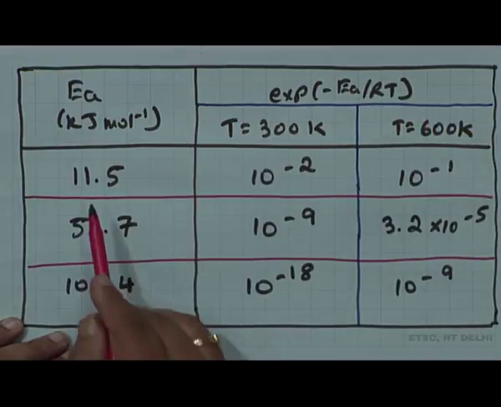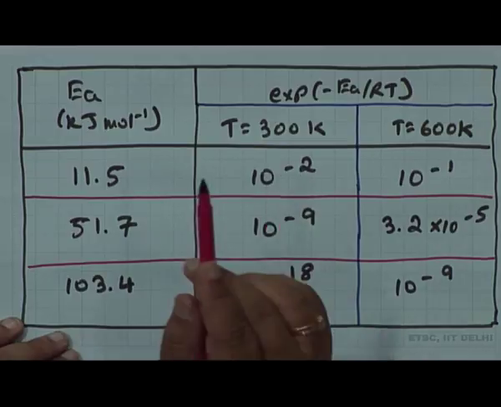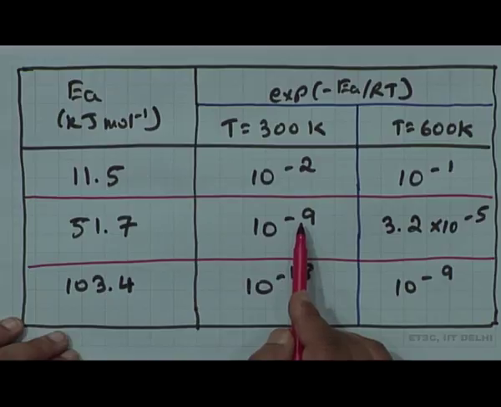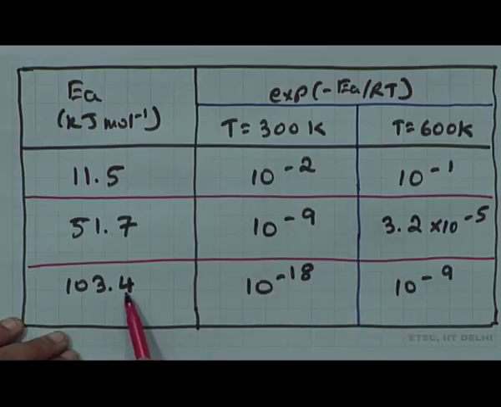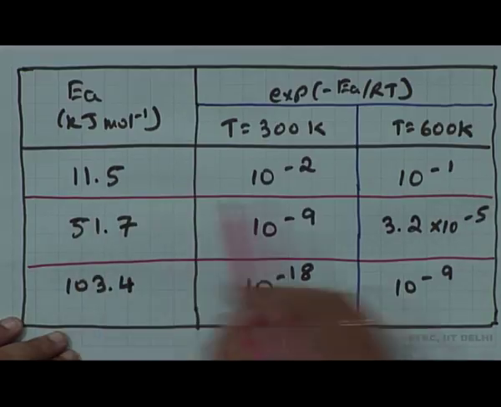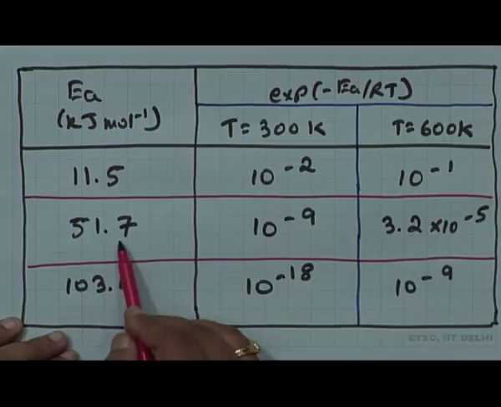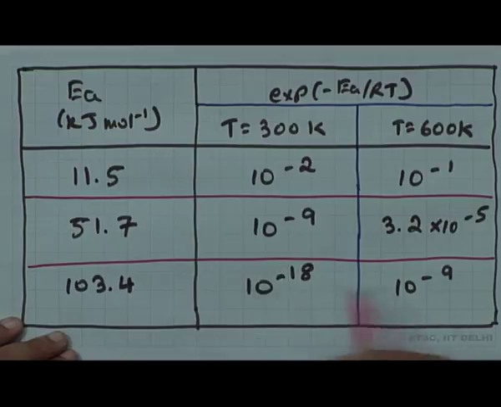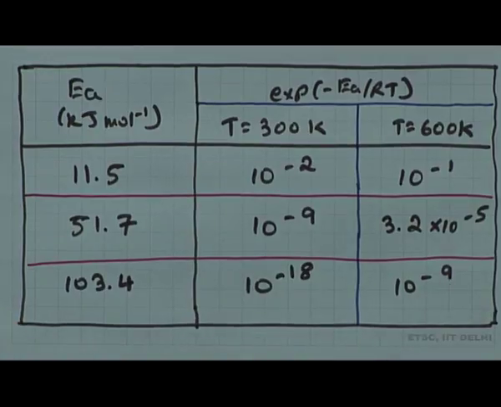At 300 Kelvin for 11.5 it is 10 to the minus 2, for 51.7 it is 10 to the minus 9, and for 103.4 kilojoule per mole it is 10 to the minus 18. You go to 600 Kelvin now for the same EA values: 11.5 gives 10 to the minus 1, 51.7 gives 3.2 times 10 to the minus 5, and 103.4 gives 10 to the minus 9. So you have this table in front of you.